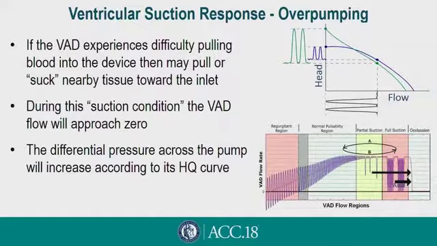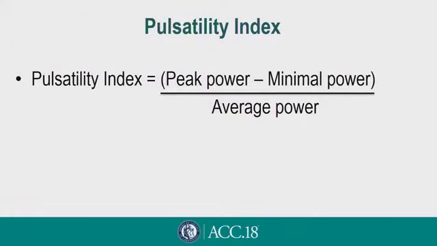Now, in a situation of overpumping, where you can actually have a suction event, there are pump designs that use control mechanisms to try to prevent some of the adverse events. One way of doing that is something called a pulsatility index. The pulsatility index looks at peak power minus minimal power over average power, and it's an indexless number.